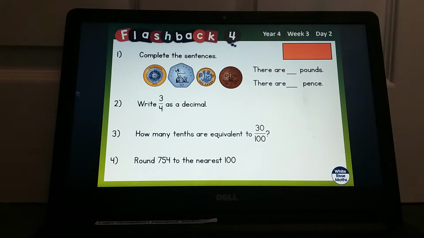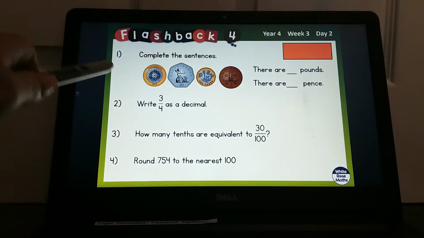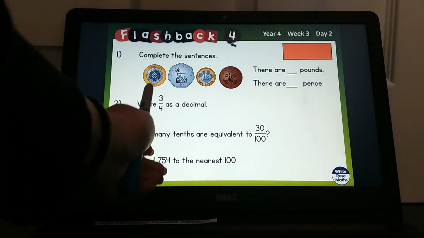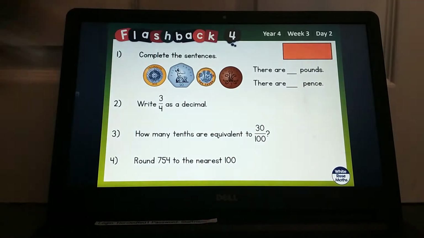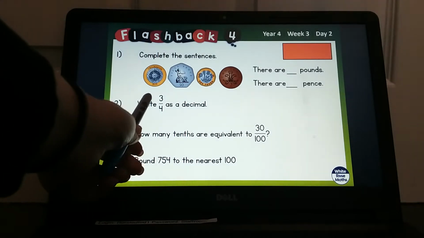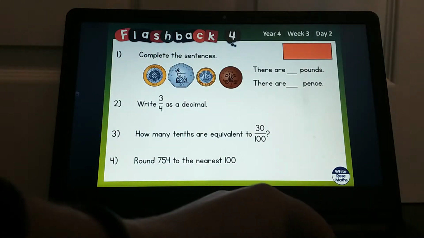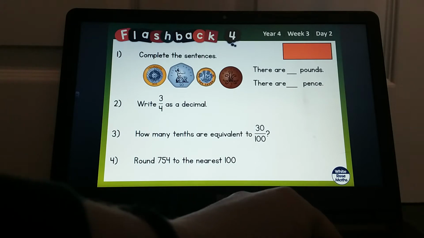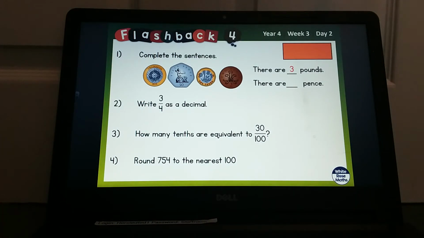First of all, complete the sentences about the coins. I find it easiest to have a look at my pounds first and then my pence, rather than trying to add them all up together. So I know I've got a £2 coin and a £1 coin. Together that would give me £3. Then I'm going to move on to my pence.